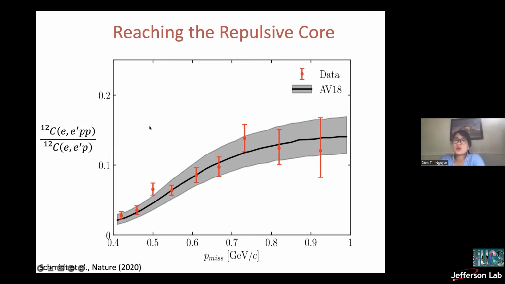The one I'm showing here is this ratio as a function of missing momentum, using the AV18, calculated with the GCF contact formalism. As you can see, the contact formalism calculation can describe the data very well up to 1 GeV using AV18. That is what Alex and I mentioned earlier in the discussion.